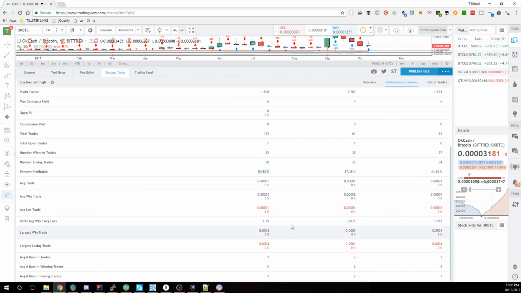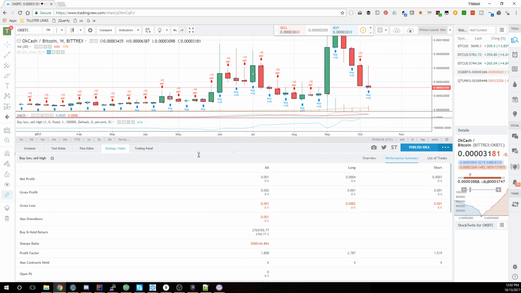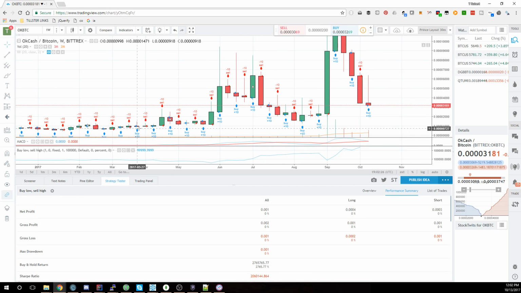And then it would tell you what your average trade was. Once you got this right, you could see that this would be really valuable, because you would go, oh yeah, this strategy was working really well right here. It would visually tell you that right here I bought, and right here I sold, and then right here I bought, and then right here I sold, and maybe your strategy isn't working so well anymore.